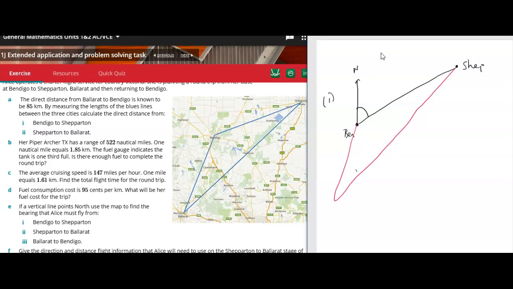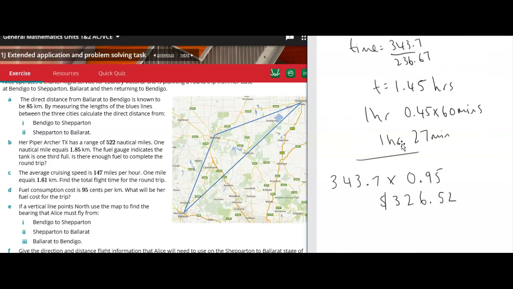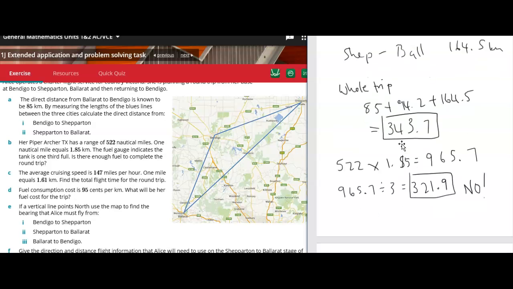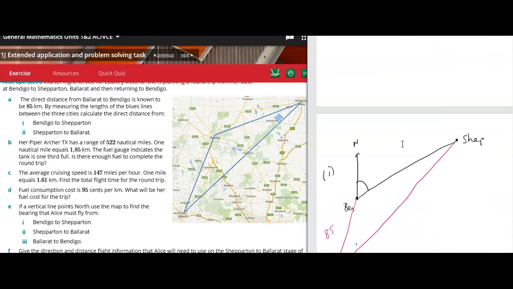Let me just think. Okay, so angles within the triangle do help and our distances do help. So maybe we'll put those on as well. So what have we got? I know this is 85. This distance from Bendigo to Shepparton, what was that? 94.2.